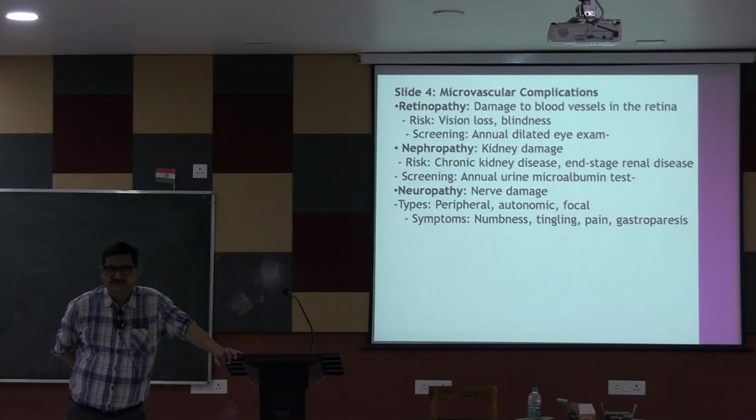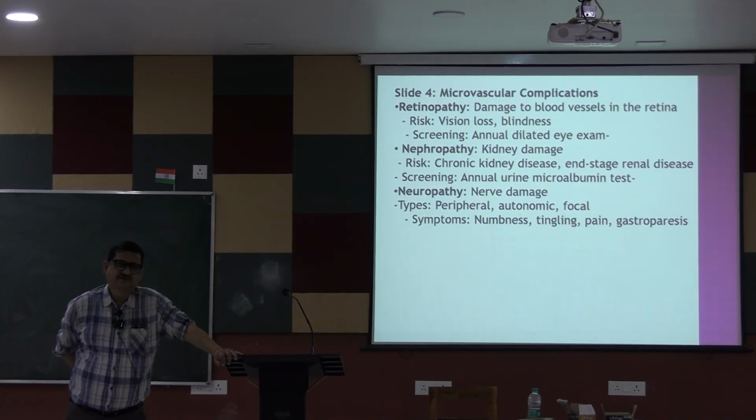Because if these people don't earn, their family will suffer, society will suffer, and ultimately the nation will suffer. So this should be our aim, to catch them young and advise accordingly, so that we can postpone the complications.